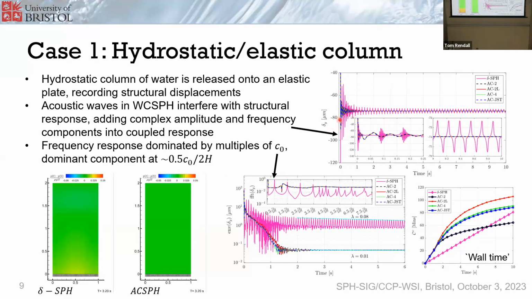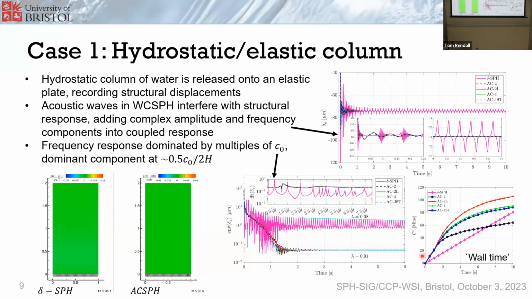And this is the displacement. Again, you can see interactions between the plate and the fluid for delta, and the artificial compressibility variants have eliminated that, because the flow is incompressible, so we're not getting that influence anymore. So it does help remove those issues.